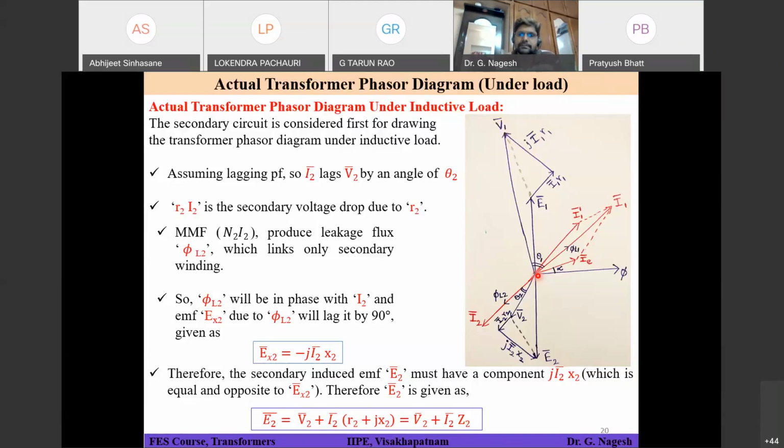That is the job of this excitation current. So when excitation current is flowing, and obviously some number of turns are there, which is nothing but N1, when N1 into IE gets multiplied, you call it the magnetomotive force. That magnetomotive force divided by the reluctance of the core. Reluctance depends upon the physical properties of the core.